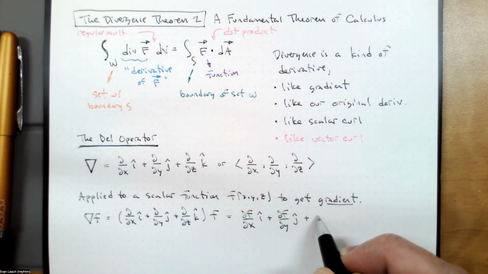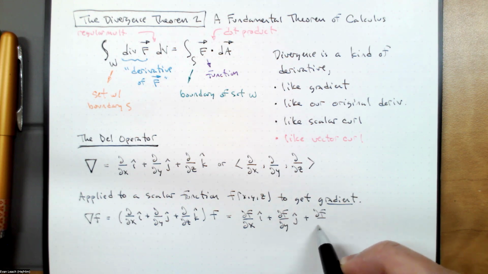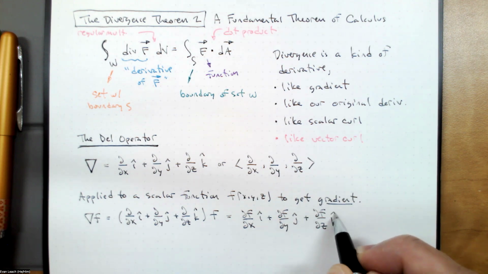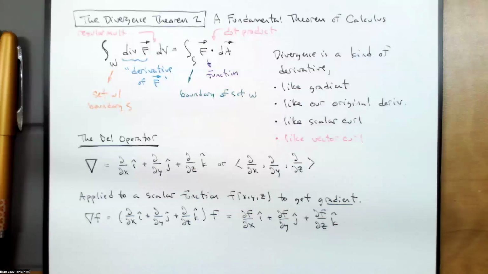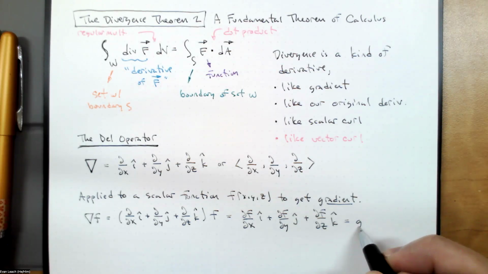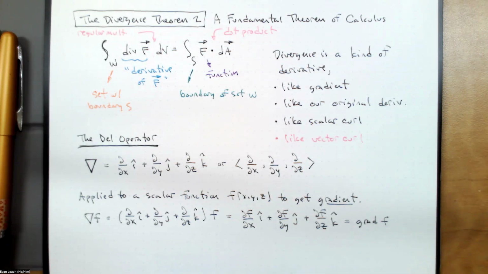And in the k direction, we take the partial of f with respect to z. This is the gradient of f that we are familiar with. In this context, the gradient tells us the direction of maximum increase. That's how we interpret the del applied to a scalar function.